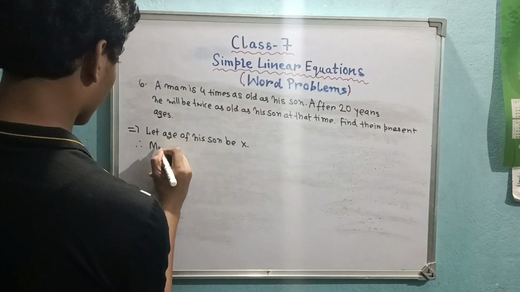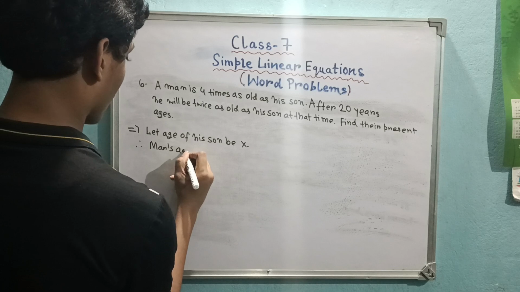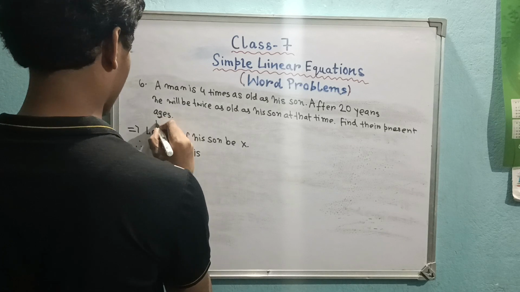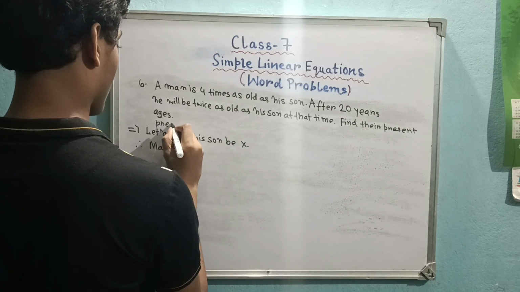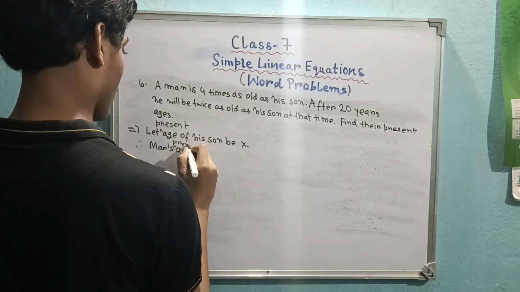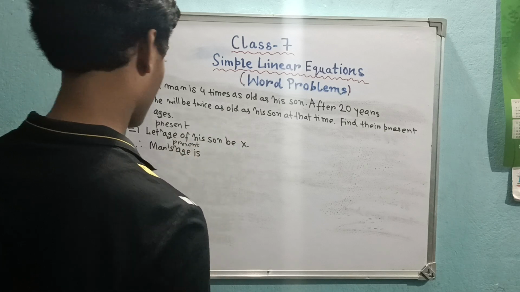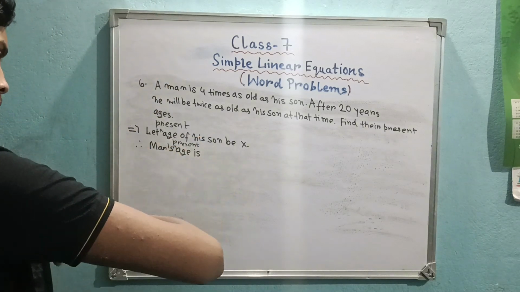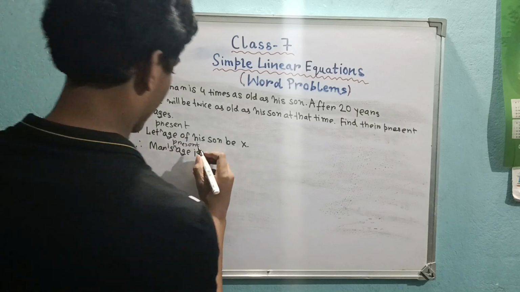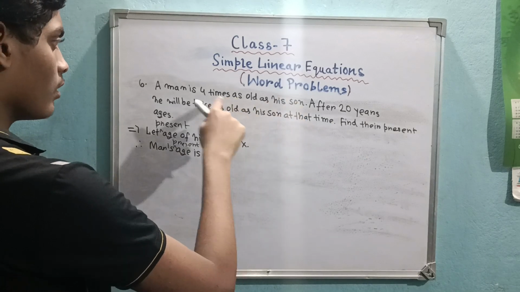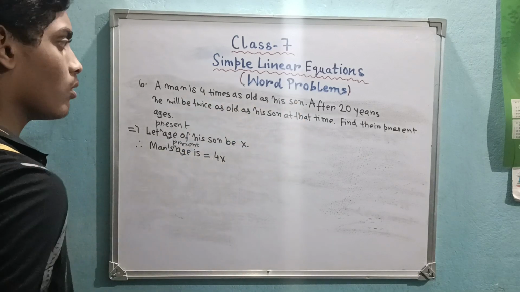Therefore, the man's present age is 4 times the age of his son at present. So it will be 4x. We have considered the son's age as x, so the man's age will be 4 times x, 4x.